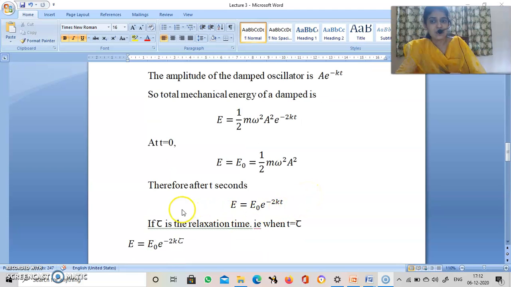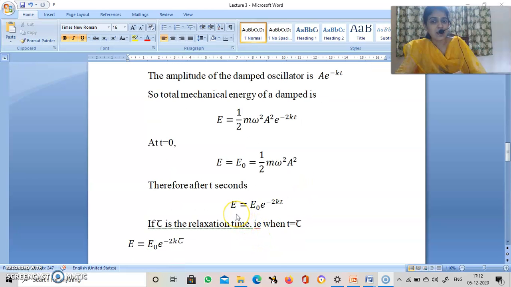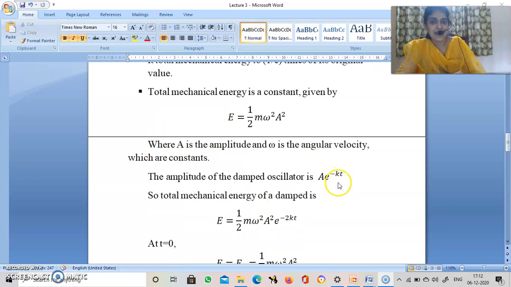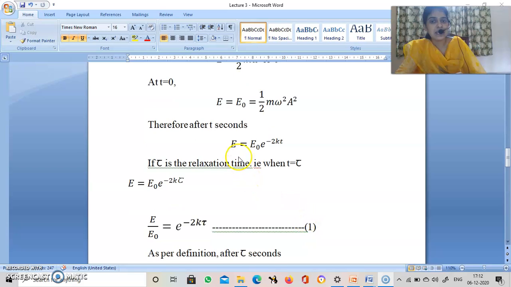Therefore, after t seconds, putting this E0 value in the general equation, the total mechanical energy can be written as E0 into e raised to minus 2kt, since half m omega square a square is nothing but our E0. So the energy equation is E is equal to E0 e raised to minus 2kt.